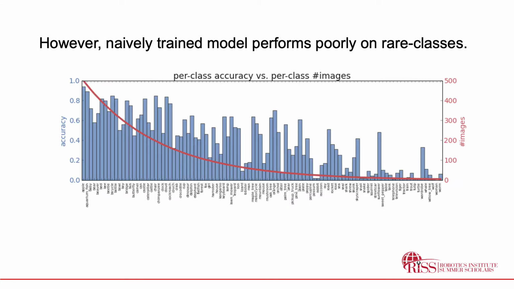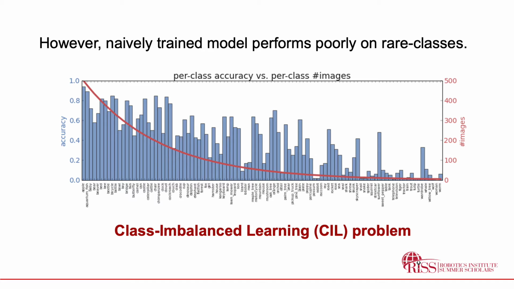However, if we train a machine learning model naively, it will perform well on common classes, which are to the left of the figure, but poorly on rare classes. This motivates the well-studied class-imbalanced learning, CIL, which trains the model over a class-imbalanced training dataset, but evaluates the classification accuracy over a class-balanced testing dataset.